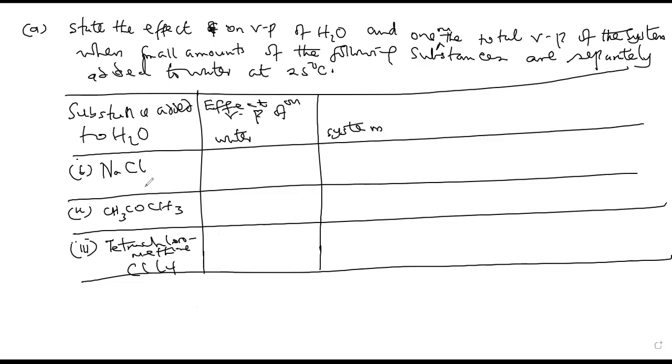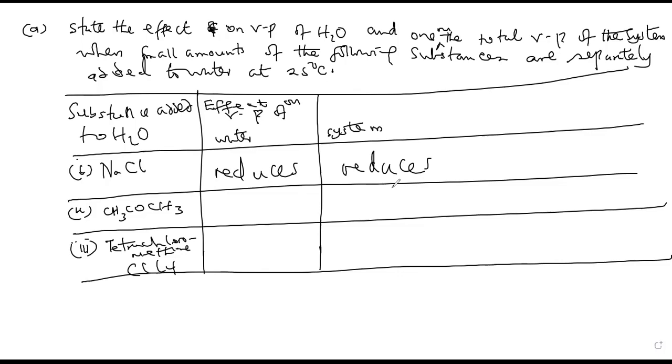So when we add sodium chloride to water, the effect of evaporation on water reduces, the vapor pressure reduces, and also for the system, it reduces. Because we have said that it is non-volatile, when added to water, its particles occupy the water surface, and the escaping tendency of water molecules into the vapor phase reduces, or is hindered.